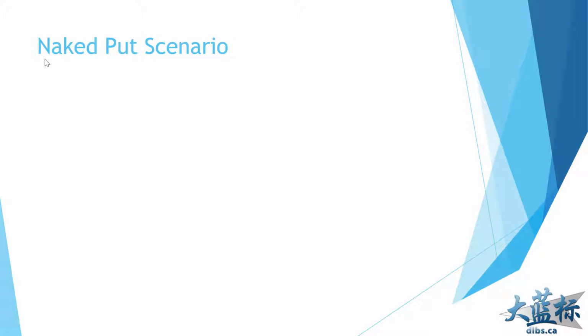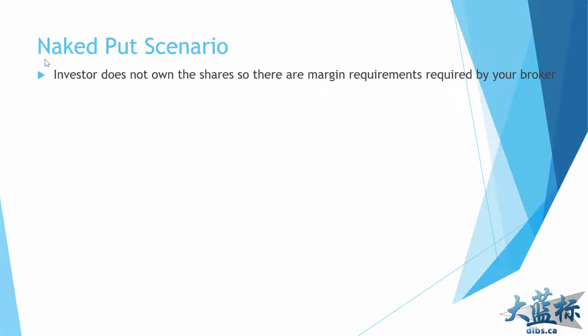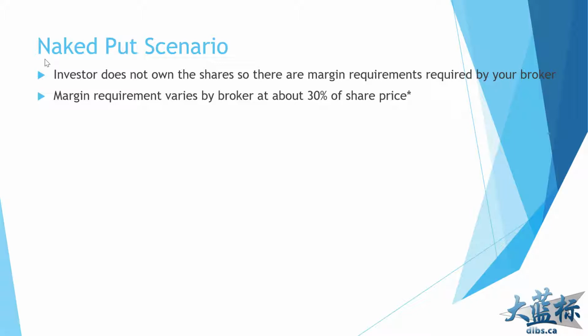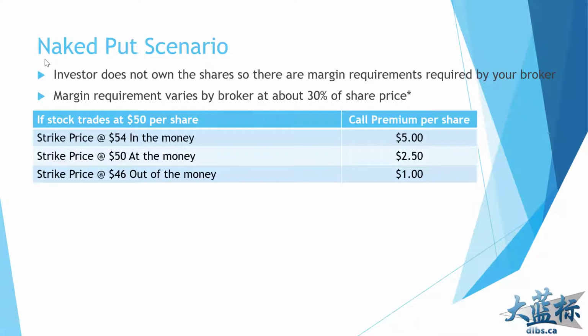So let's look at the scenario here. Naked puts, you do not need to own the shares. So do check with your brokers on the requirement for margin. And if it's $50 a share, then your strike price at 50 will be at the money, and let's say there's $2.50 in premium.